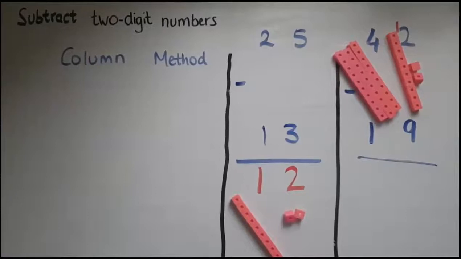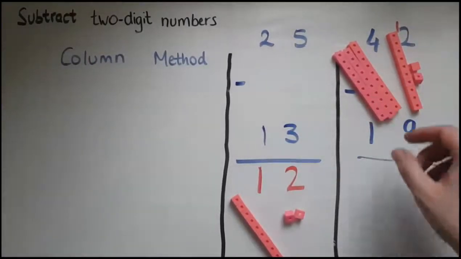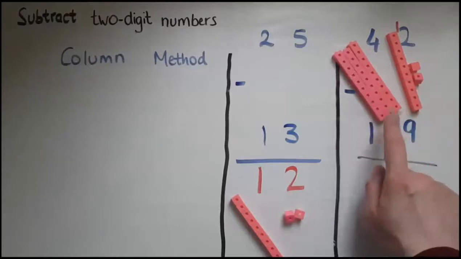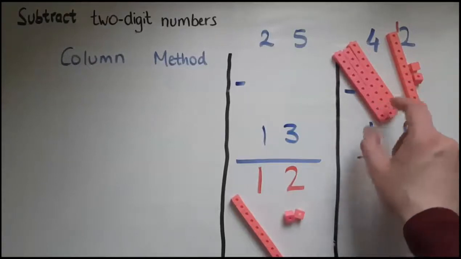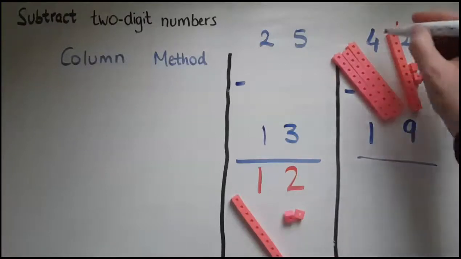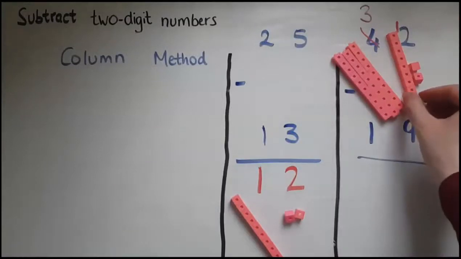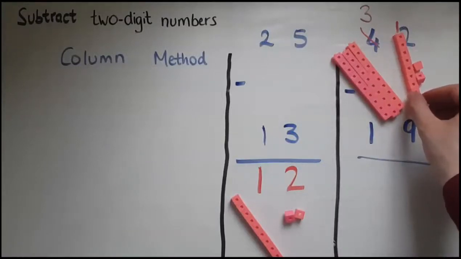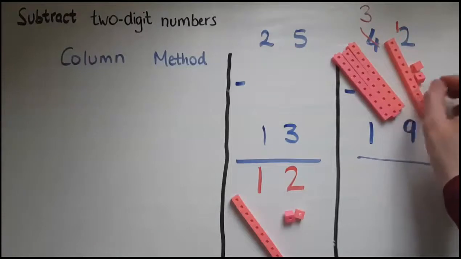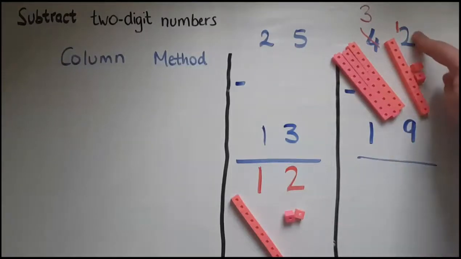So what is happening to the 4 now is that it has actually become 3 because we have only 3 lots of 10. So this 4 becomes a 3 because we actually gave 1 lot of this to the units, to the 2, which became 12.